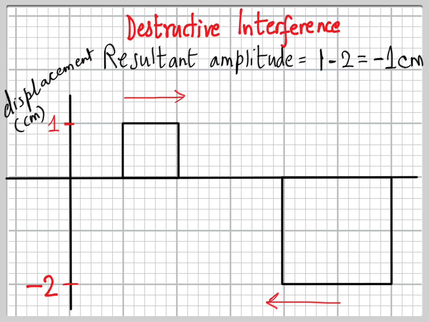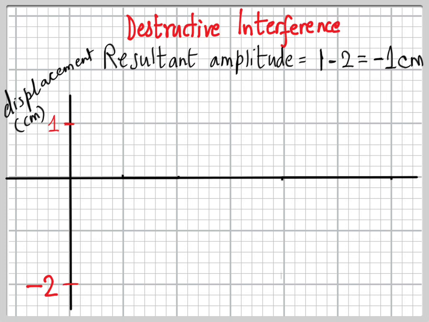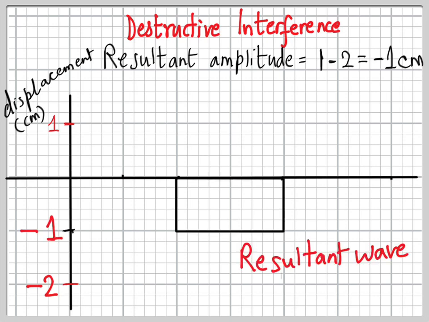The resultant amplitude will be 1 minus 2, which is minus 1 centimeter. And if we want to draw it on the graph grid, we will find out where minus 1 centimeter is and then draw the wave, which will be the resultant wave. So this is an example of destructive interference, because one wave had positive amplitude and another wave had negative amplitude.